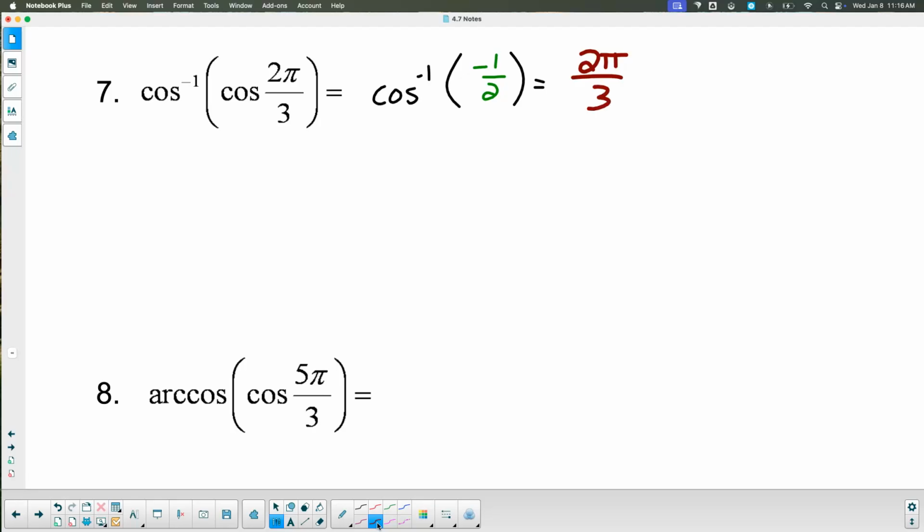Good there. Cosine at 5 pi over 3, that's going to be 1/2. Oops, not cosine of 1/2. Tap the brakes.